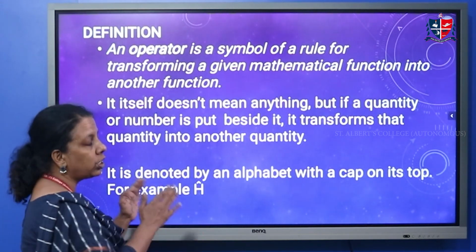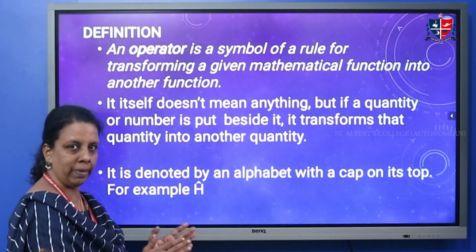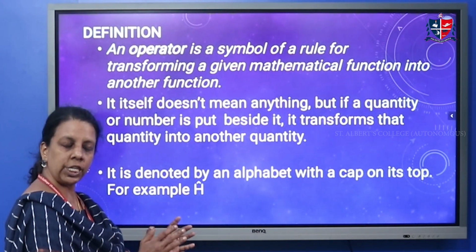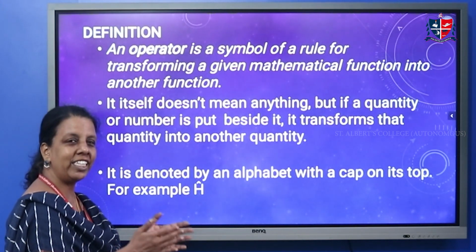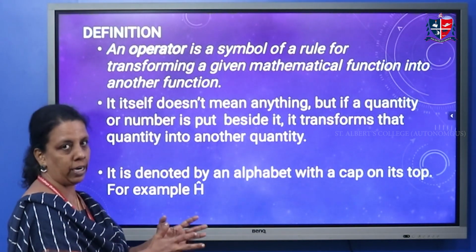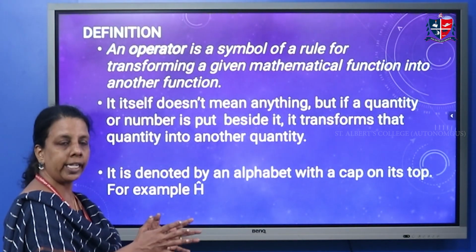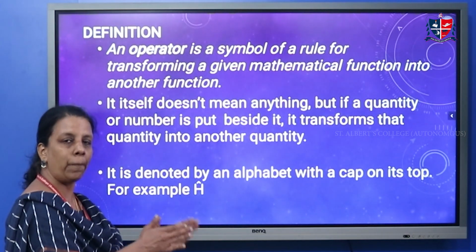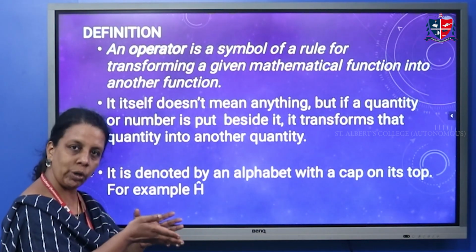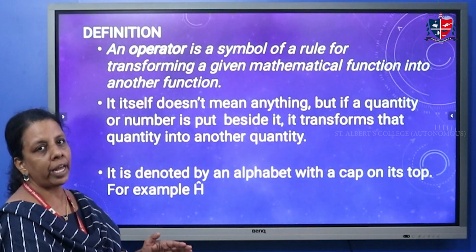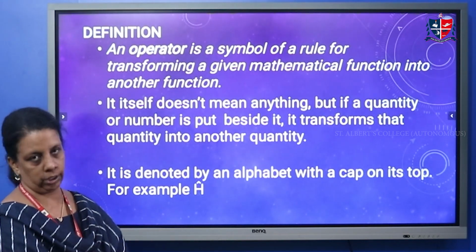Similar to that, this operator is also a symbol. By itself it has no meaning, but when it is present beside a function, it shows that this particular operation has to be carried out on that function to transform it into another function.